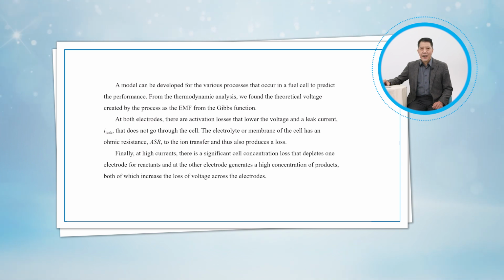Finally, at high currents, there is a significant concentration loss that depletes one electrode of reactants and at the other electrode generates a high concentration of products, both of which increase the loss of voltage across the electrodes.